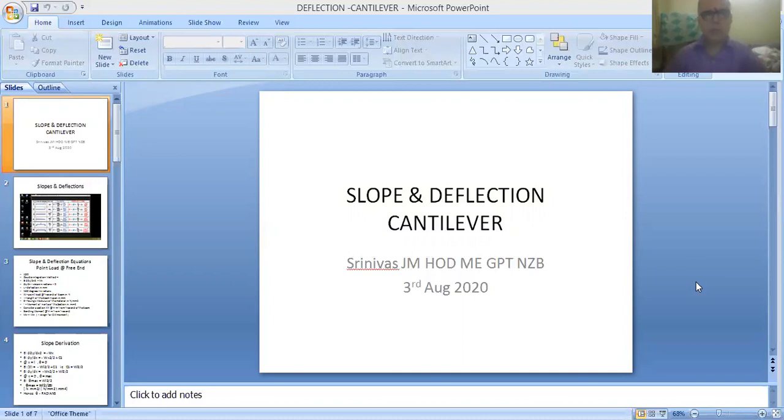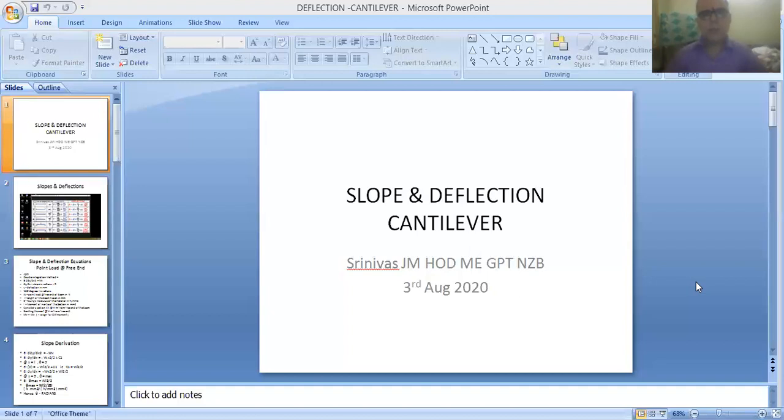As mentioned in previous sessions, a cantilever is a beam that is fixed at one end and free at another end. Any beam which is fixed at one end and free at another end is referred to as a cantilever.